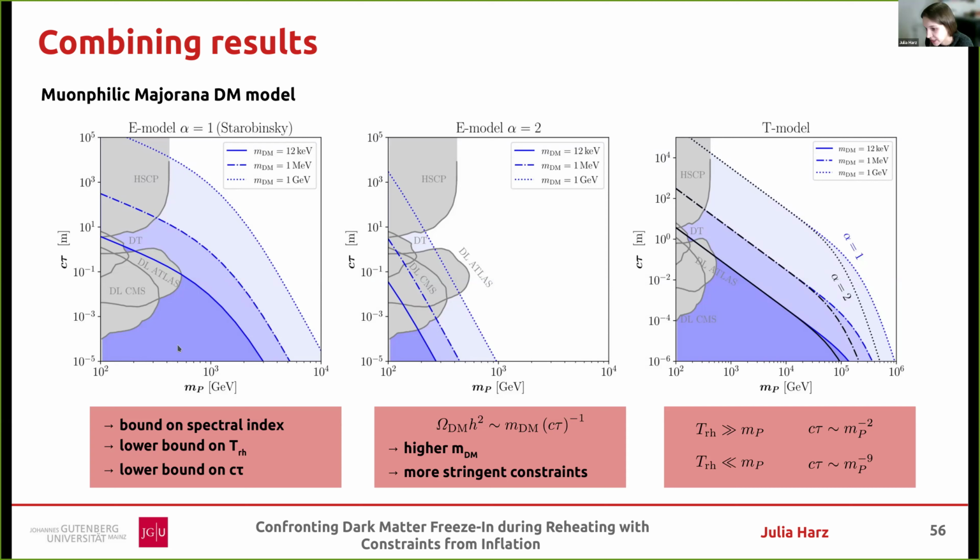Right? Yeah. But at the same time, I remember that before this analysis, you said that these contours represent those points that fulfill the correct relic abundance, or not? It's simply now, I mean, okay, exactly.